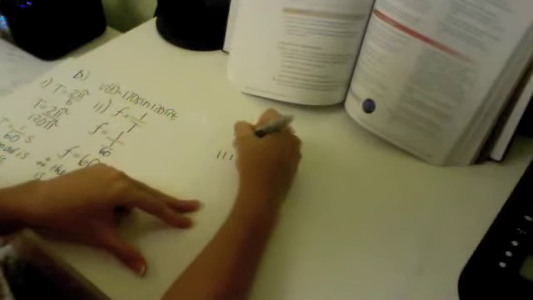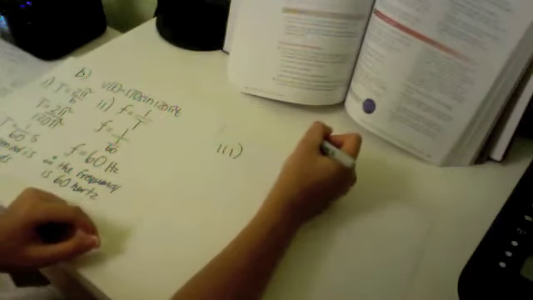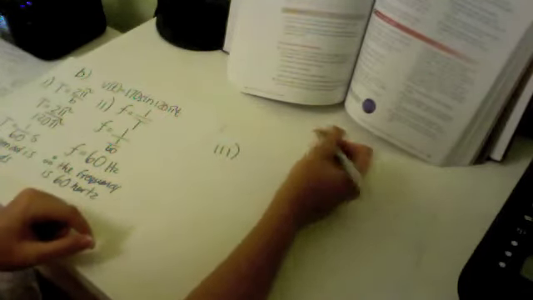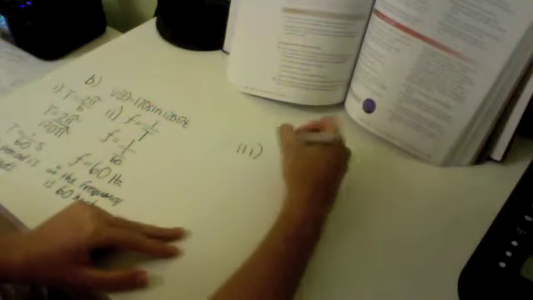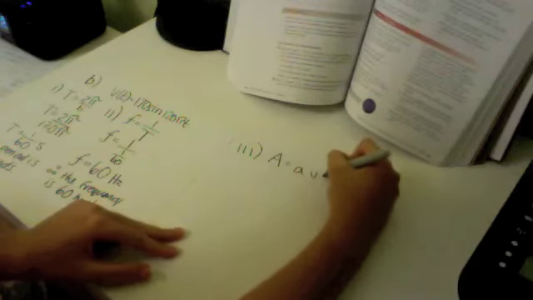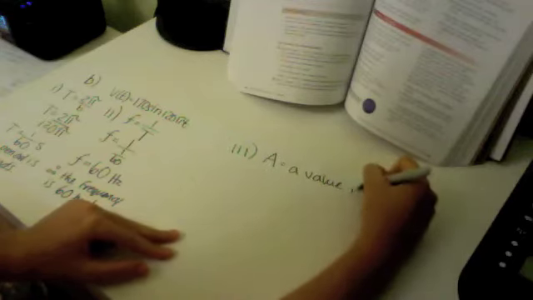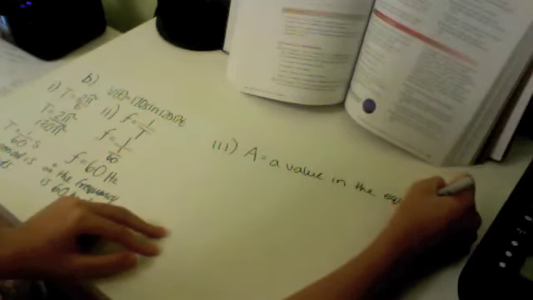iii asks us to find the amplitude A in volts. Well, the amplitude from our equation equals the A value in the equation.